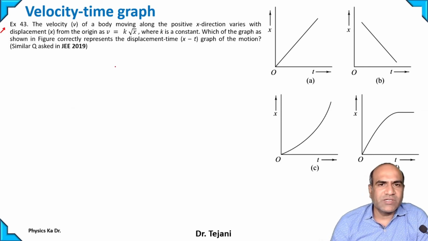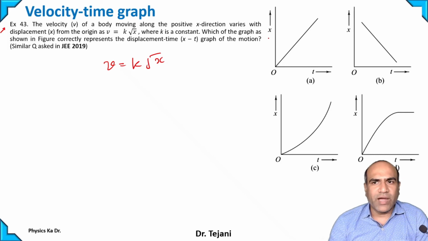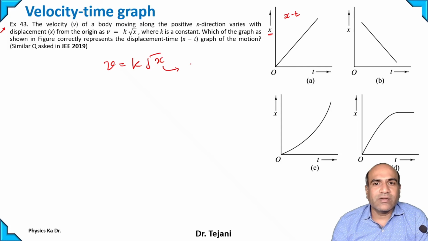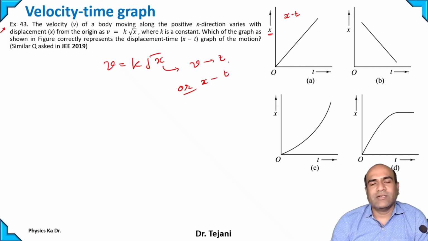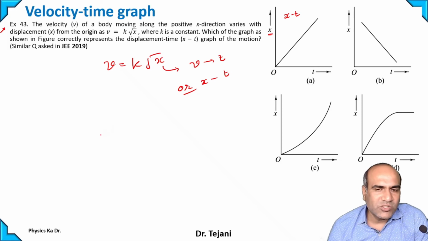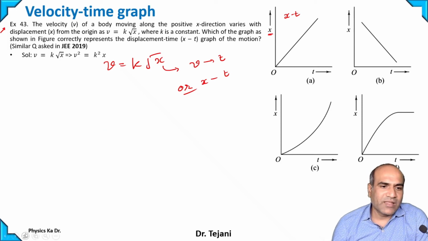See here, the equation is given, and we need to find the slopes from the x versus t graph. So we need to convert this equation either in terms of v-t or in terms of x-t. Otherwise, you cannot solve it directly. It is not possible to solve it directly.